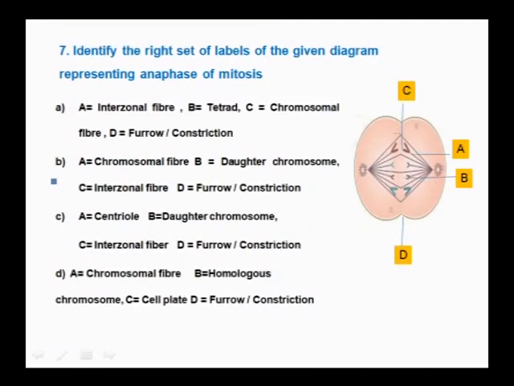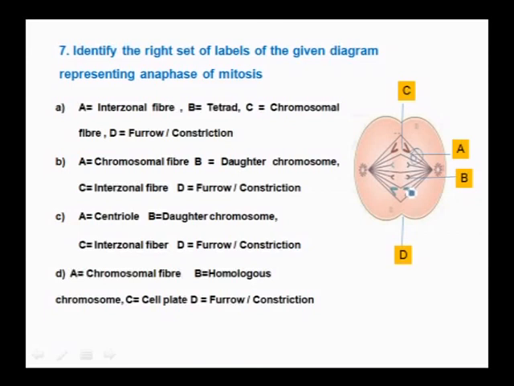Next, we will move on to the 7th question. We are supposed to identify the right set of labelings for the given diagram. The labelings are indicated as follows. So let me get into the details of this picture. This picture is indicating the stage of anaphase. In this anaphase, you can observe that label A is indicating this particular part here, that is the spindle fiber associated with the daughter chromosome.